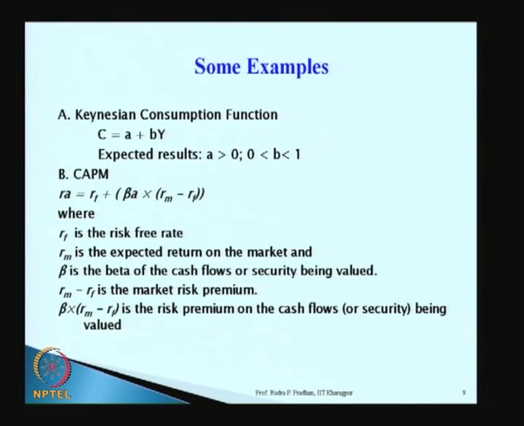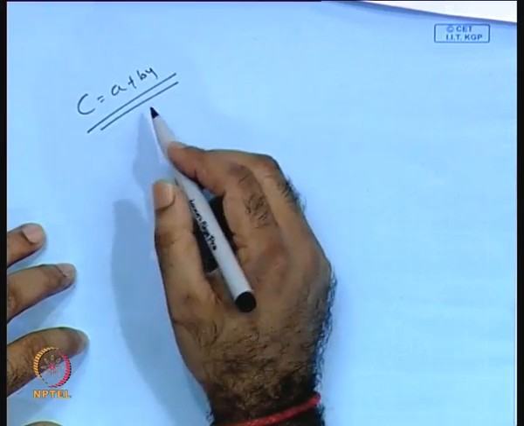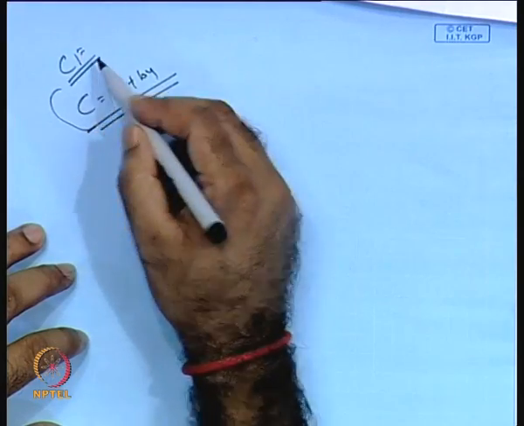I will cite a few examples of what the econometrics structure is all about altogether. Be careful here. I will put a model here: C equals A plus B y. This is what we have brought from the theory of the Keynesian consumption function.